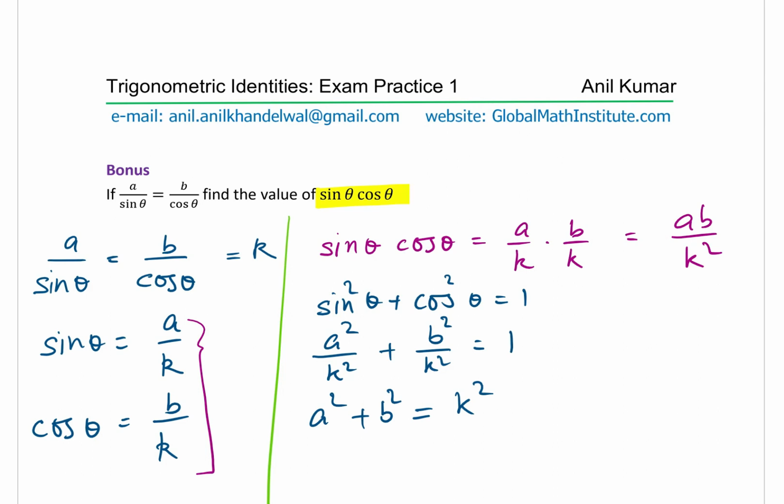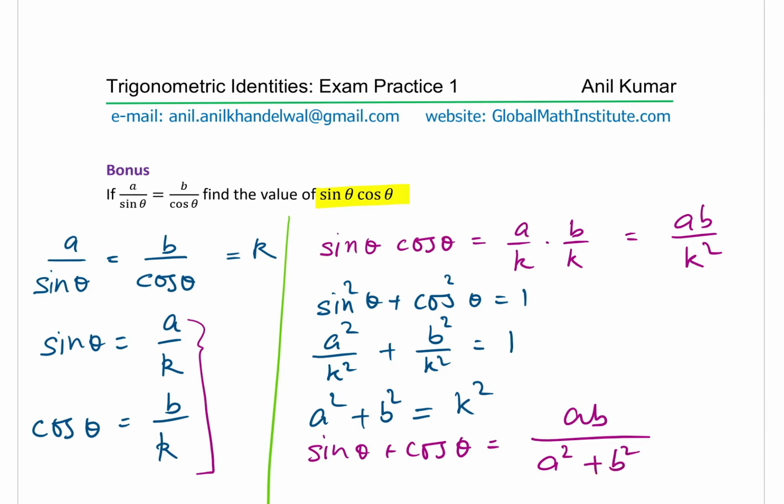So sine squared theta plus cos squared theta is 1, but we know sine theta is a over k, cos theta is b over k. Replacing them, we get a squared over k squared plus b squared over k squared is equal to 1. Taking common denominators, we get a squared plus b squared is k squared. And therefore, we can write down our answer, which is sine theta cos theta is equal to ab over a squared plus b squared, right?